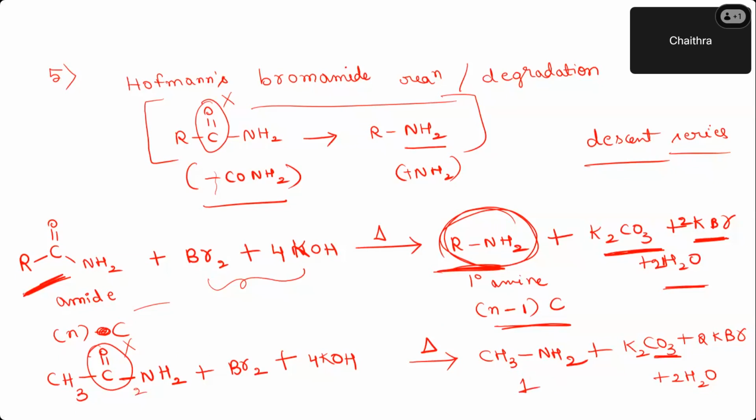One more important thing about this method of preparation is that it's a very convenient laboratory method, and it gives pure amine, containing 1 carbon atom less than the original compound.